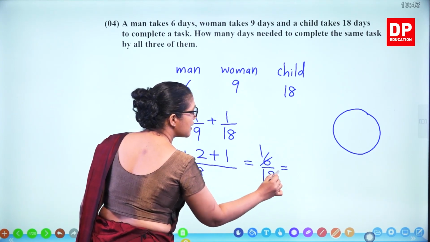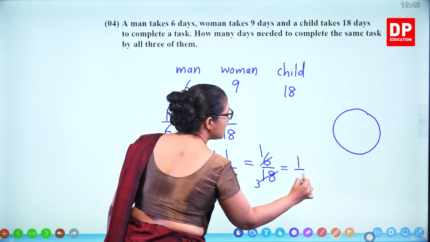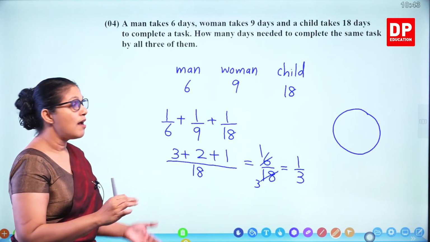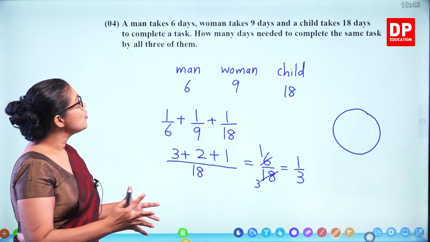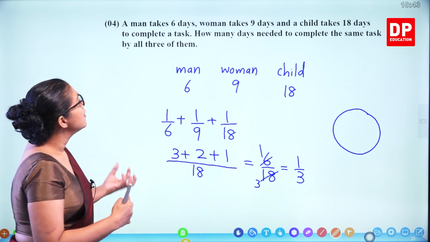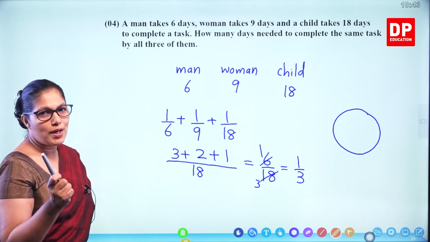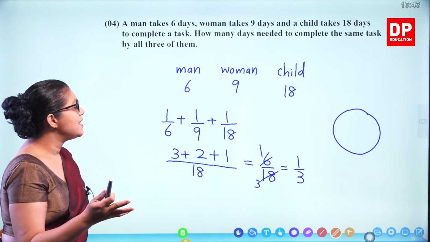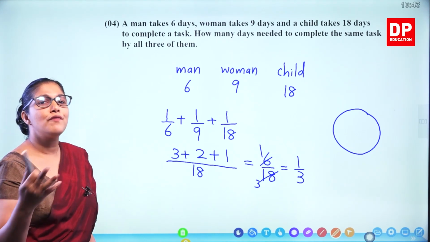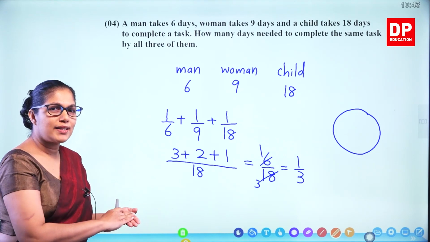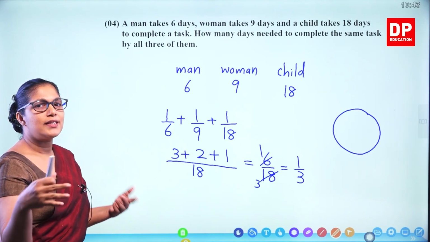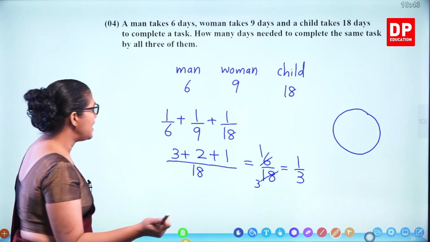Divide by 6, 1/3. So that means when all 3 work together, they can do 1/3 of the work per day. So how many days are needed to complete the full thing? 1/3, 1/3, 1/3. So 3 days they need.